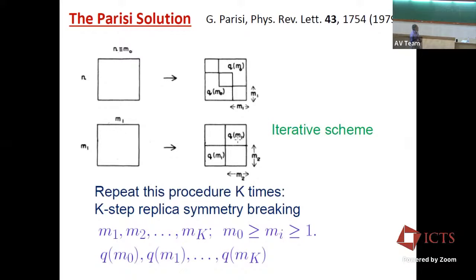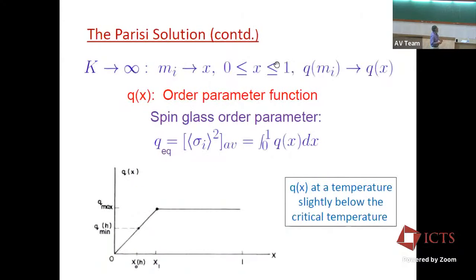This k you make go to infinity, and each of these m's corresponds to some point in the unit interval going from 0 to 1, and this is what I have written down: k going to infinity. Then these m's are represented by a continuous variable, and this q of mi corresponds to a function of this x.